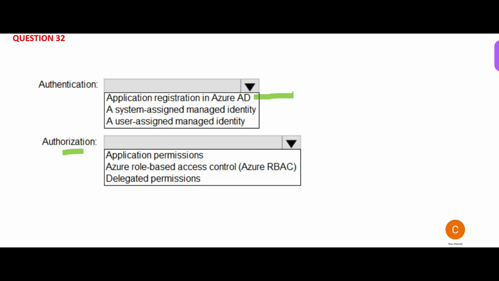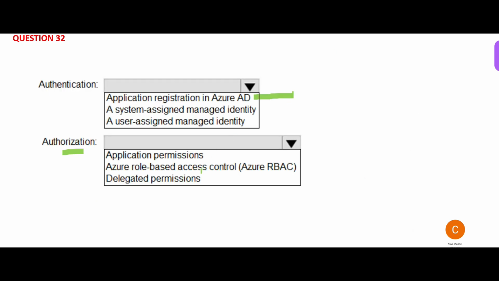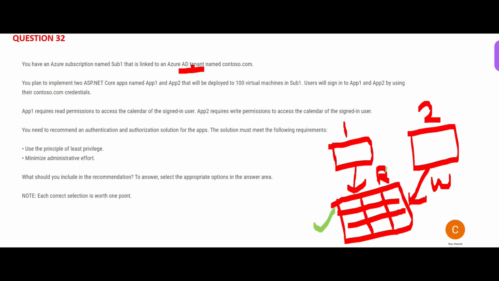So the first one is saying we will need application permissions. But in our case, applications will need permission to this calendar, right? Second one says use role-based access control. But if you create a role, the problem is app one should have read privilege, and app two should have write privilege.